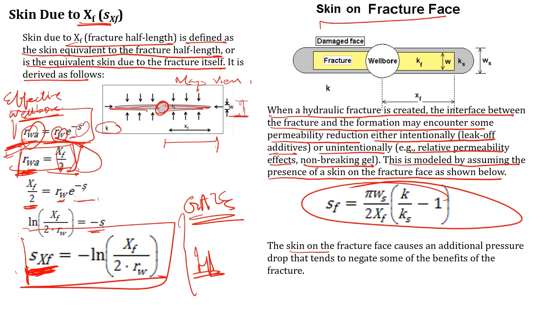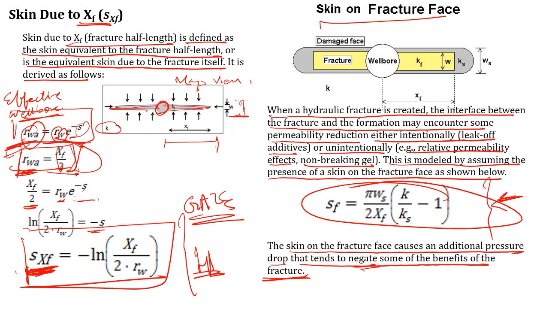The skin on the fracture face causes an additional pressure drop that tends to negate some of the benefits of the fracture. Creating the fracture, the main reason is to bypass the near wellbore region. Because of this fracture face skin, some of the benefit of the fracture gets negated. So this is how you account for that skin.